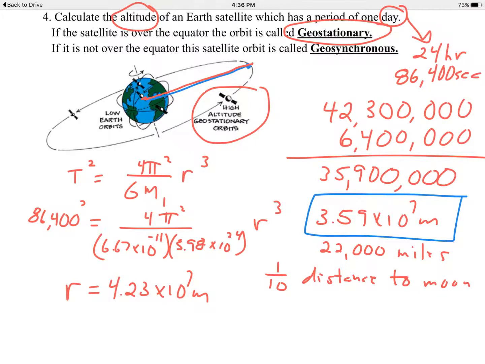All right, another way this is sometimes spoken of is that it's about 5.5 Earth radii. If the Earth's radius is 4,000 miles, 5.5 times 4,000 is 22,000 miles.